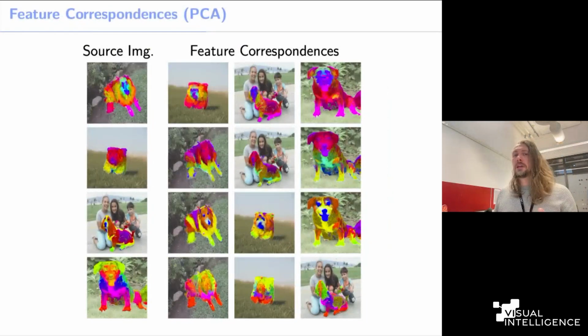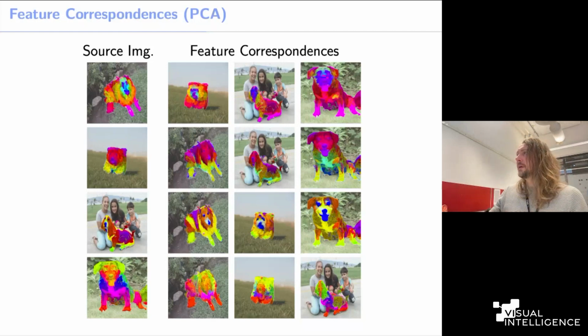In addition to that, we wanted to see how strong these features were and how they correspond across different images. Actually, what we do first is use the salient segmentation to find the foreground of each image.